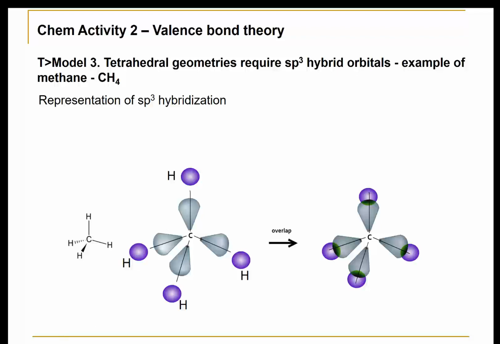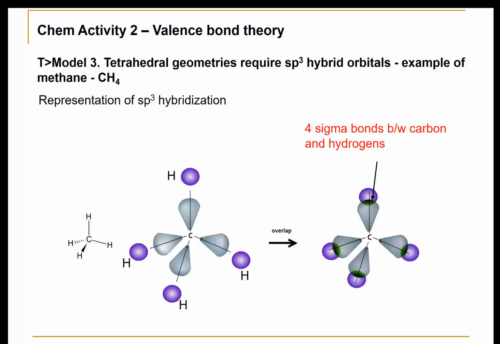And now we would have the overlap of the hydrogen s orbitals, one each with each of the sp3 hybrid orbitals of carbon, finally forming the methane molecule on the right-hand side. And so we'd have 4 sigma bonds between the carbon and the hydrogens. So this is how we view bonding according to the valence bond theory.